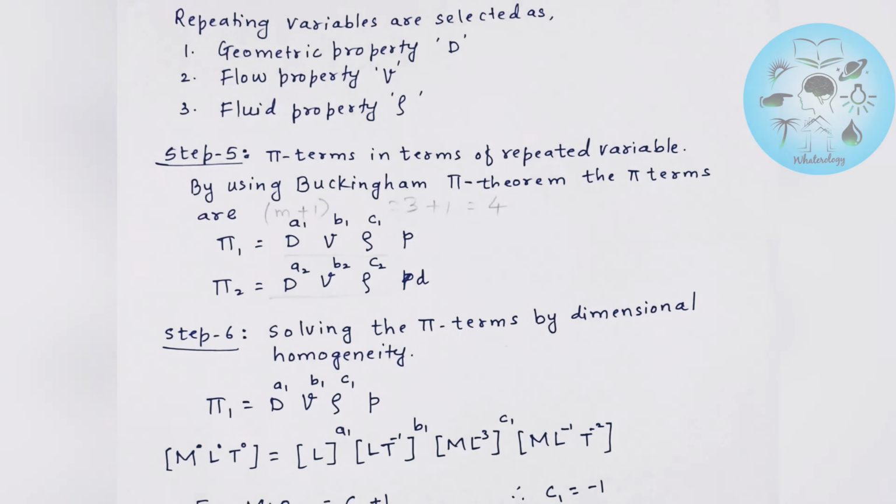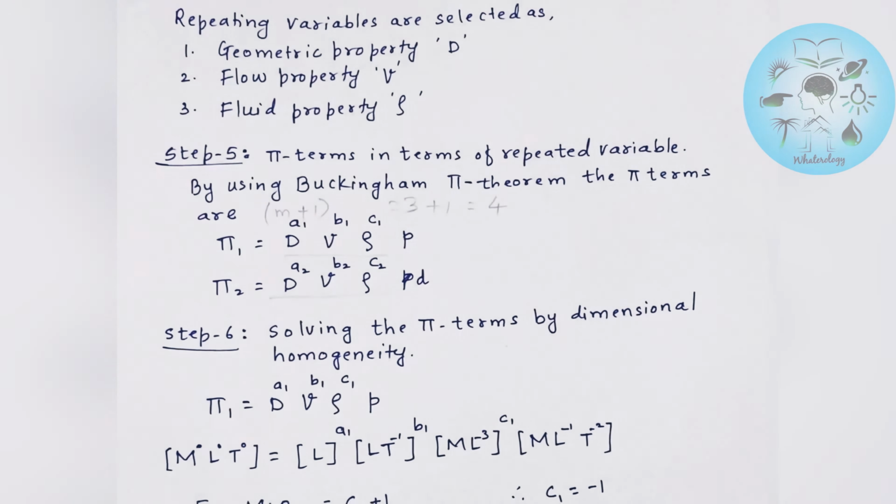Now we have to find the powers of these repeating variables, that is a1, b1, c1. Since we know the equation is dimensionally homogeneous, we can compare the powers. Firstly comparing the power of M. On the left hand side there is no M, so we can write 0. So 0 is equal to, on the right hand side there are only 2 M values.